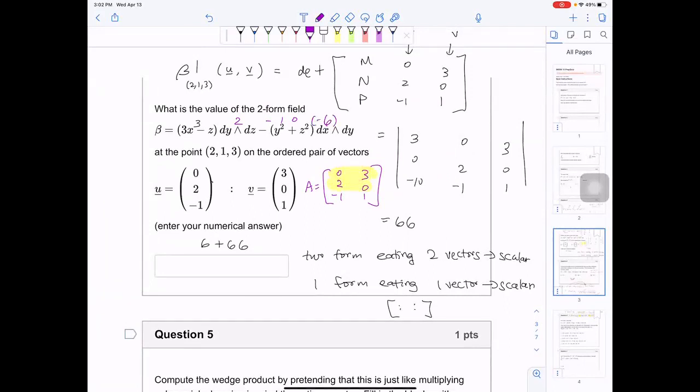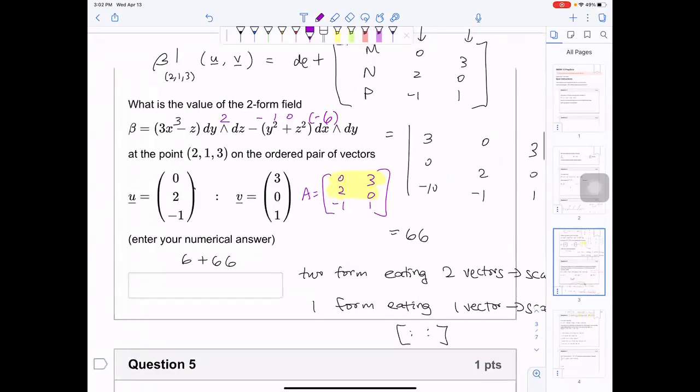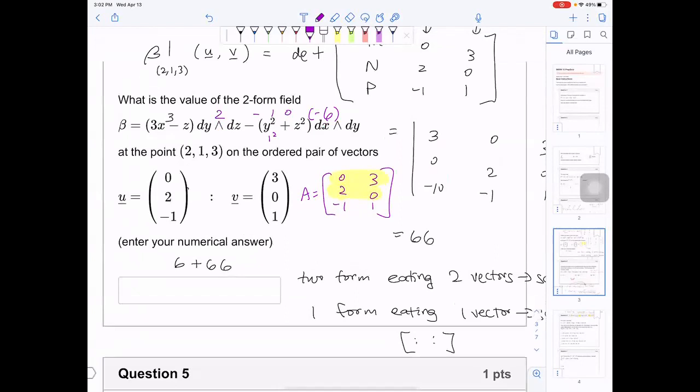Wait, is it z squared? Oh, sorry. So 1 squared plus 3 squared is 10, and then I have a negative sign out here, so minus 10.